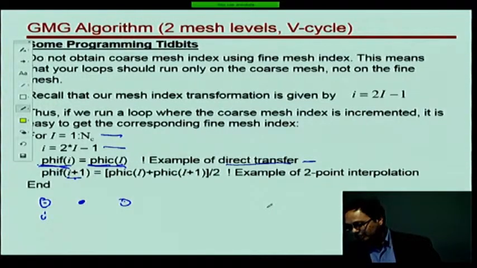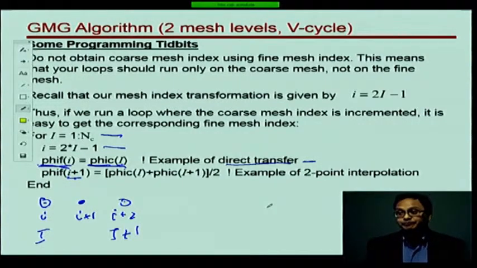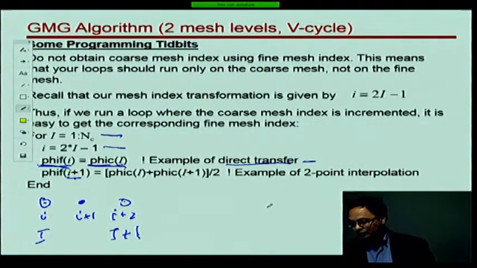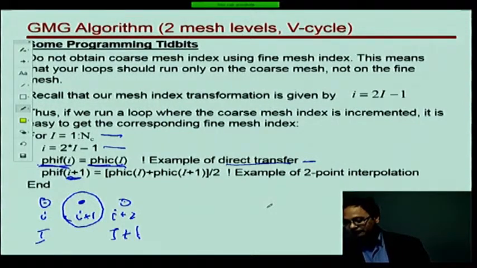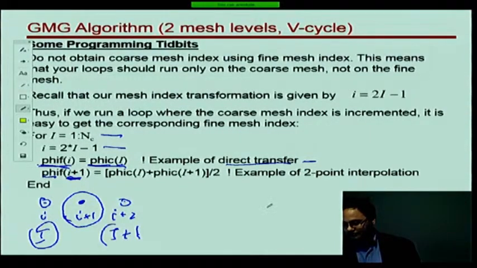For the coarse mesh, this is capital I and capital I plus 1. So we are trying to calculate the value on the fine mesh, phi fine at i plus 1, which is equal to phi coarse at capital I plus phi coarse at capital I plus 1, divided by 2. Again, the coarse mesh loop is on the outside.